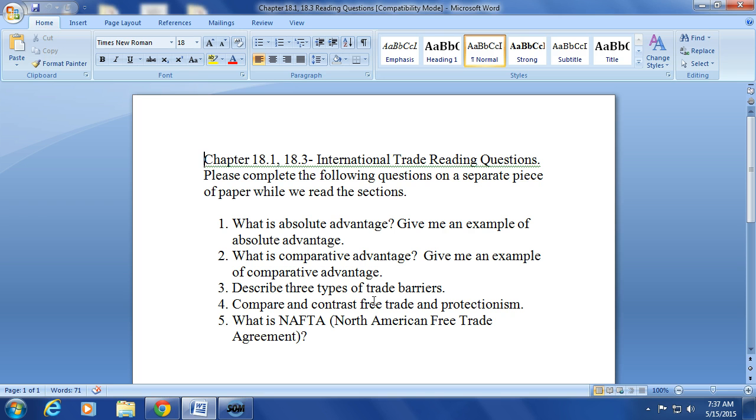Basically, if a nation has an absolute advantage in doing something, they're faster and more efficient at it. So if the United States can make 1,000,000 cars per year and Japan can make 500,000 cars per year, the United States is going to have an absolute advantage in making cars. They're just faster and more efficient at it. So you could use that as an example.